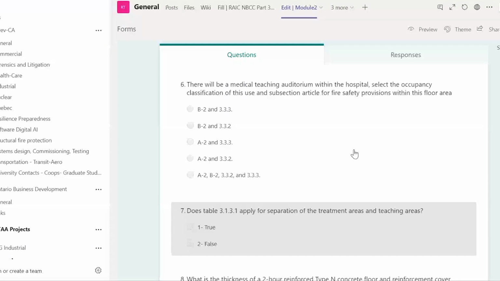Okay, when you remember when we defined the major occupancy. The major occupancy is based on the major use of the building, and there's the teaching auditorium for medical students. Specifically it's a medical teaching auditorium that's part of the hospital. Sure. Yeah. It's part of the operation of the hospital.